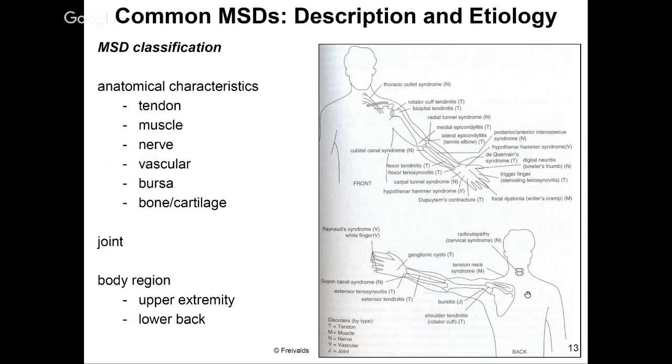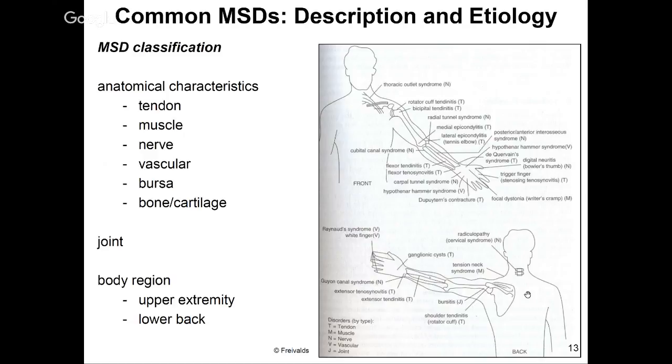Teno. Now they've crammed a bunch of words into this name, but teno tells me this is a tendon. Sino is a term that refers to a joint. And itis, flexor tenosynovitis. So I know that we have inflammation of a tendon possibly and a joint of a flexor muscle in the forearm.